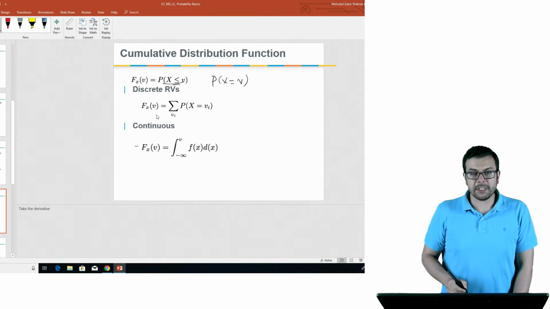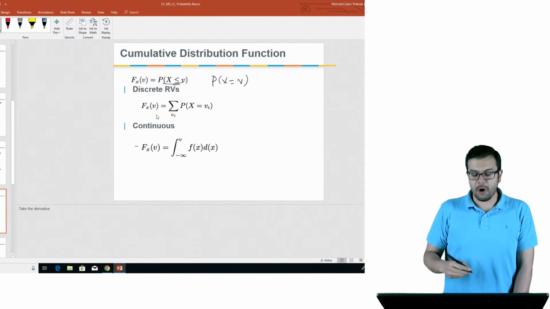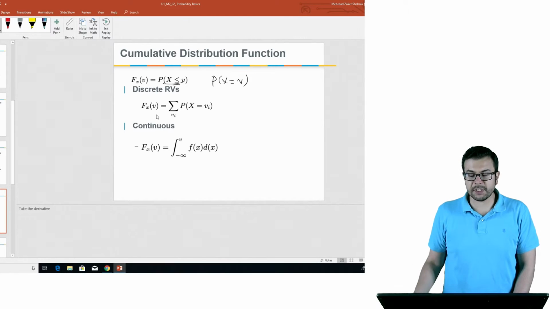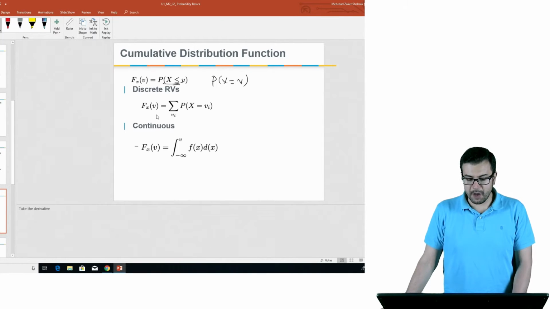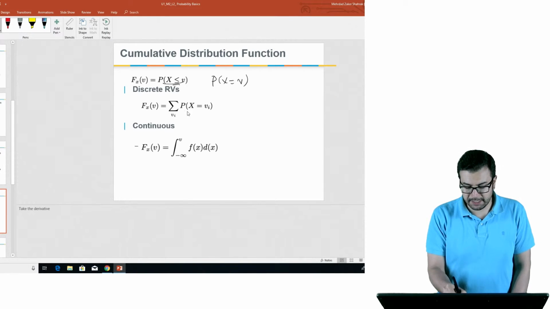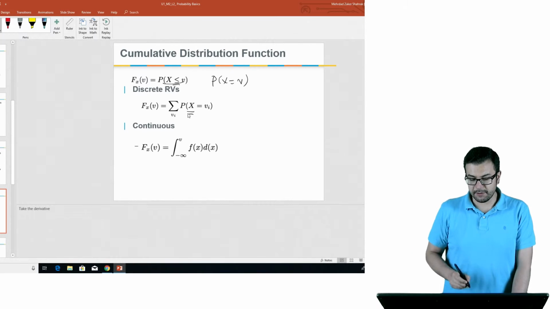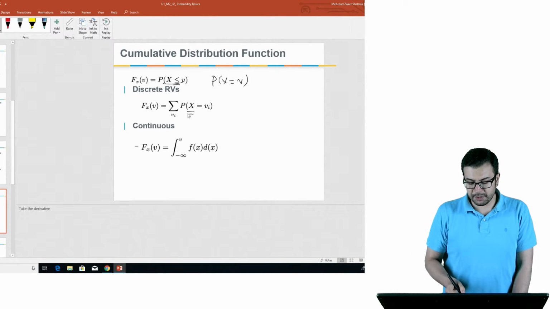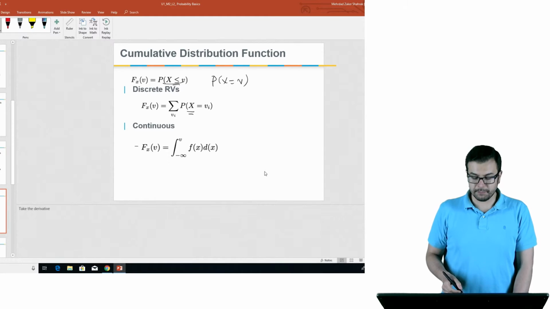To calculate this function, we have to sum over all the possible phenomena in the sample space X for discrete values. And for continuous, we have to take the integral.